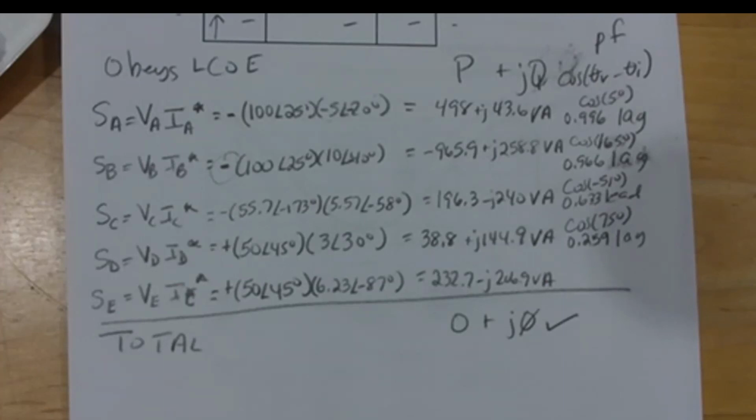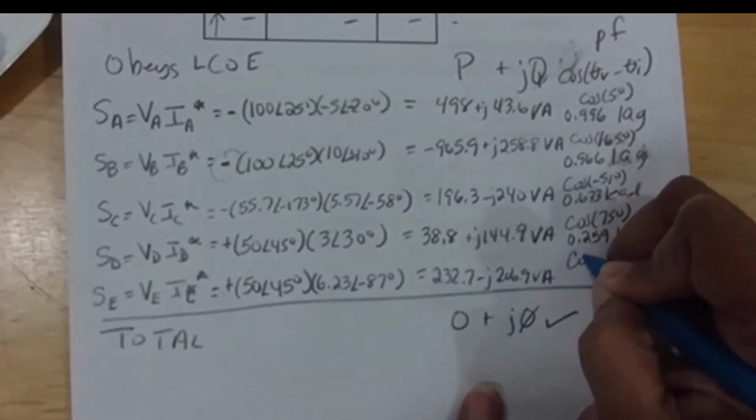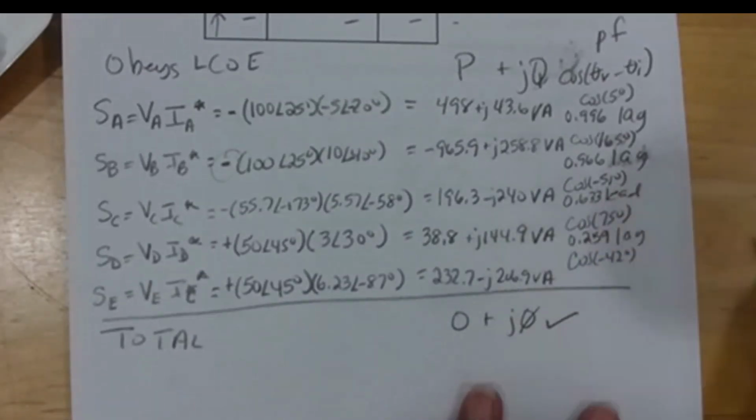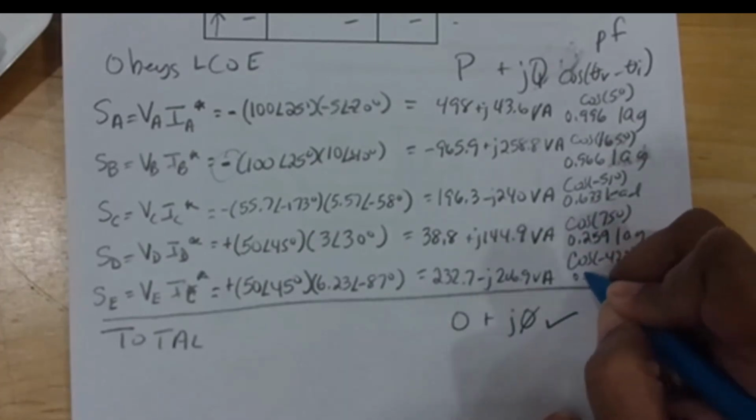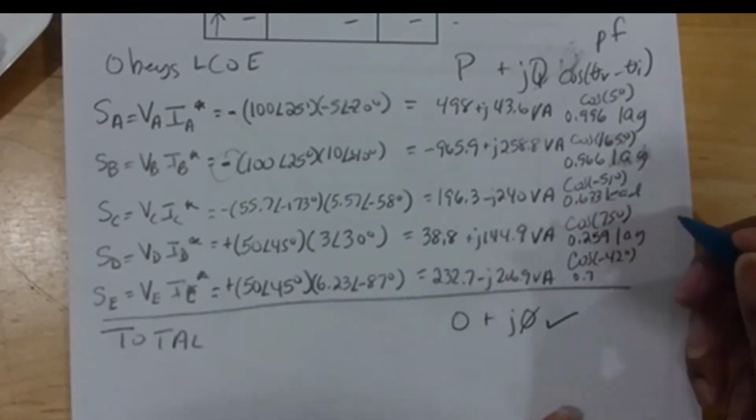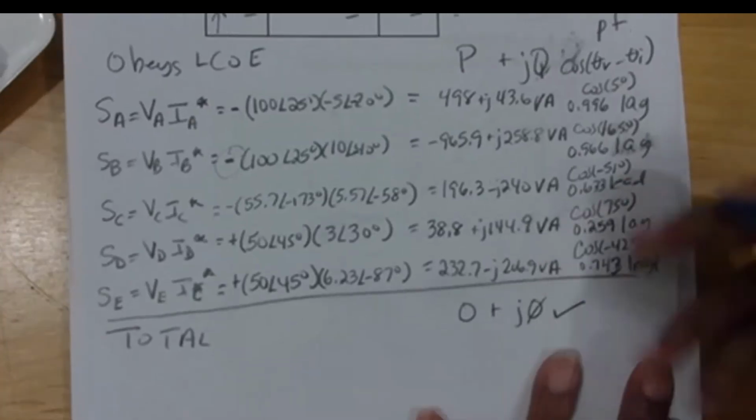Can't read my handwriting. 45 minus 87 is negative 42. So the cosine of negative 42 degrees is 0.747. All right, it's leading.